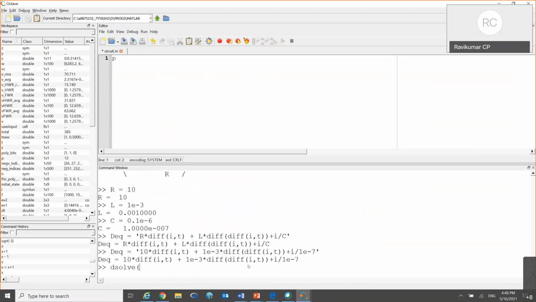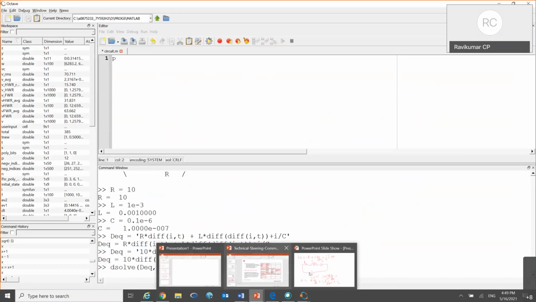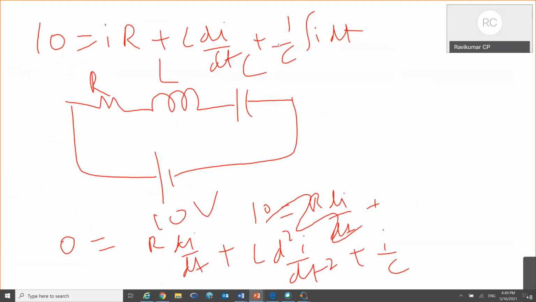I of 0 should be equal to 0, because initially the capacitor acts as an open circuit. And we also need to specify I prime of 0. Initially there is no charge across the capacitor and there is no current, so all the 10 volts will be across the inductor.